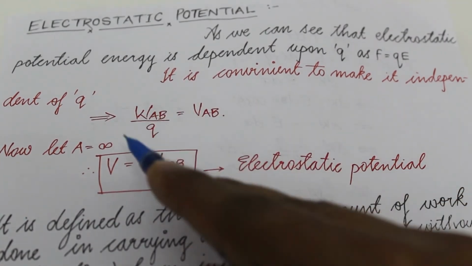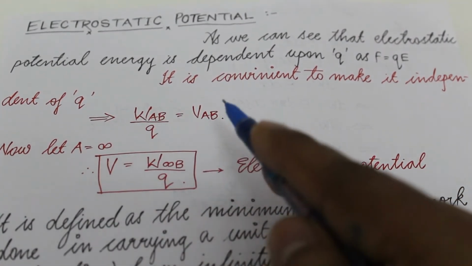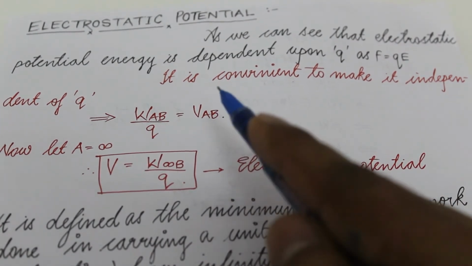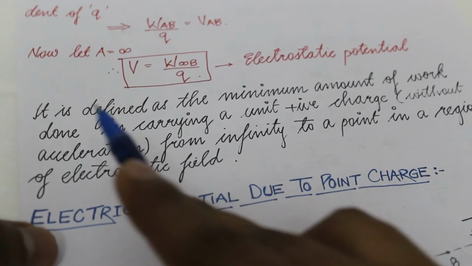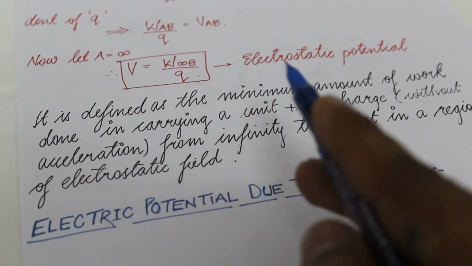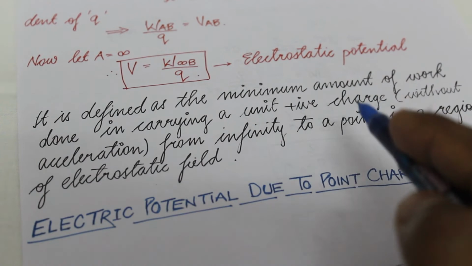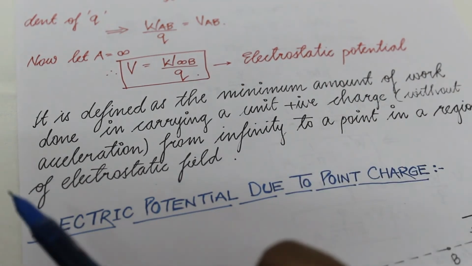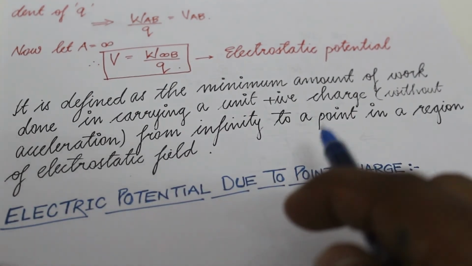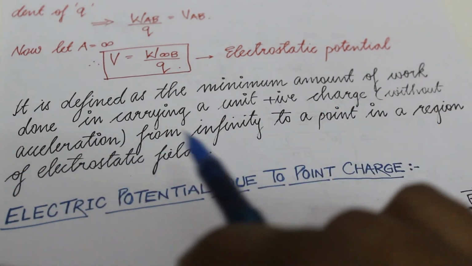Now this work done upon charge transferred is known as electrostatic potential. So electrostatic potential is defined as the minimum amount of work done in carrying a unit positive charge without acceleration from infinity to a point in the region of an electrostatic field.